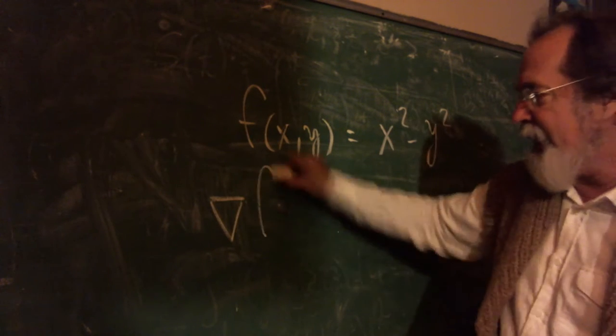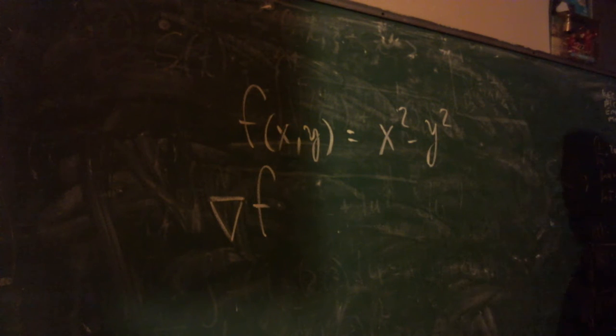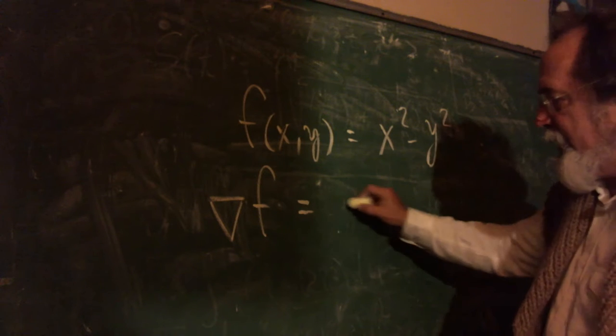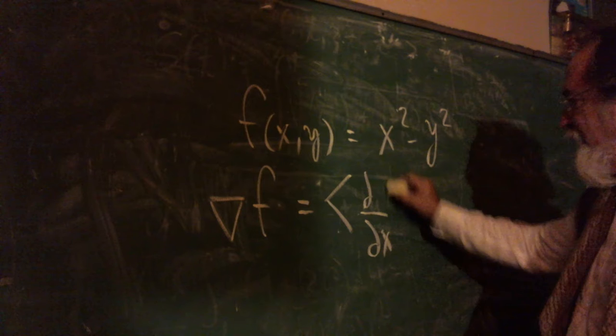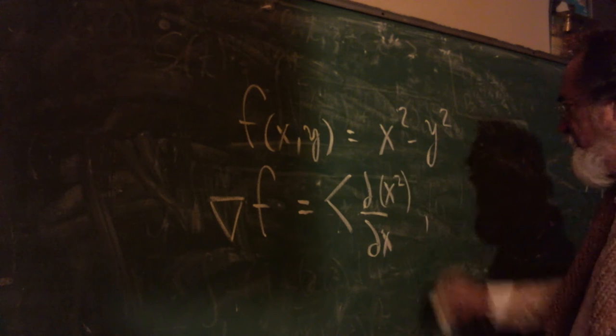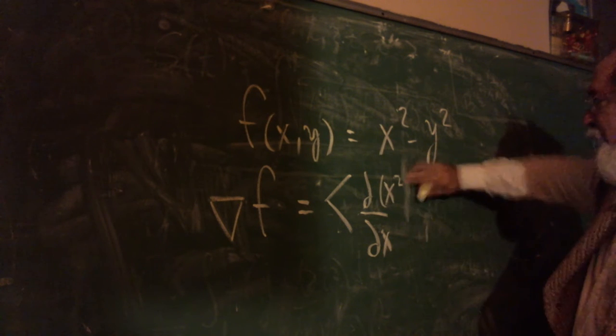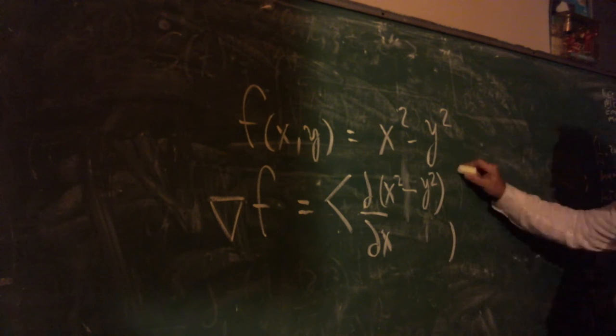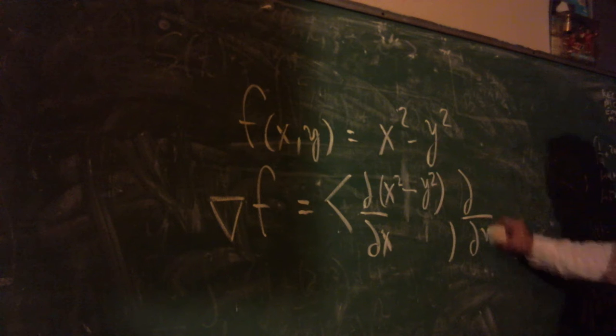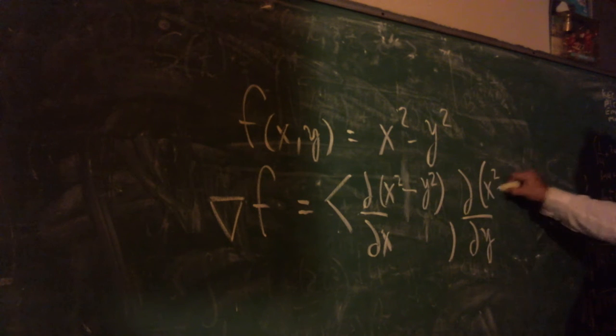The gradient acts on a function. It has to be a multi-dimensional domain. And in this case, it is the partial with respect to x of the function, comma, the partial with respect to y of the function.